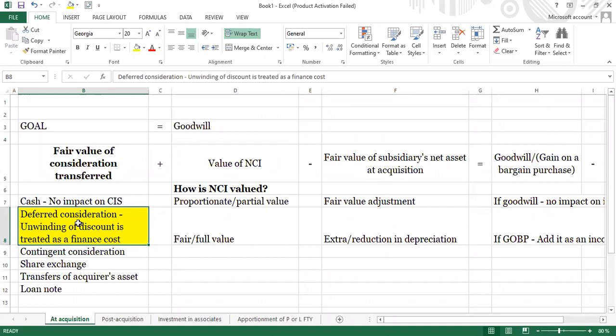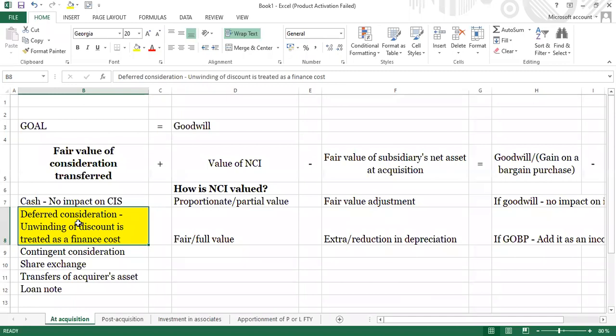It will be spread over the period of time using the concept of unwinding of discount. So because of that time frame between the acquisition of the subsidiary and the payment for that subsidiary you acquired on credit, that difference will create a finance cost because of the time value of money.